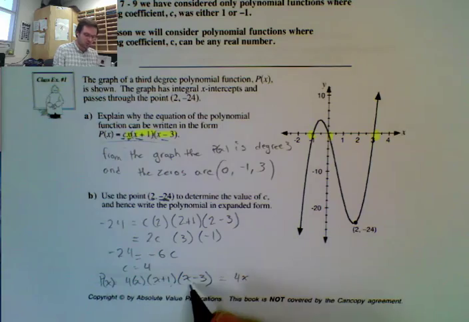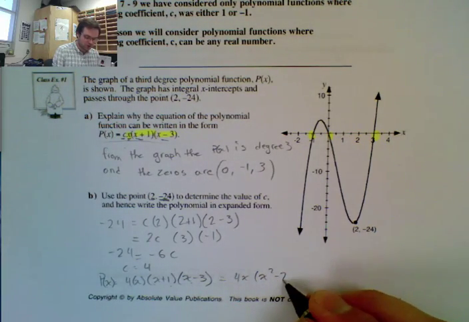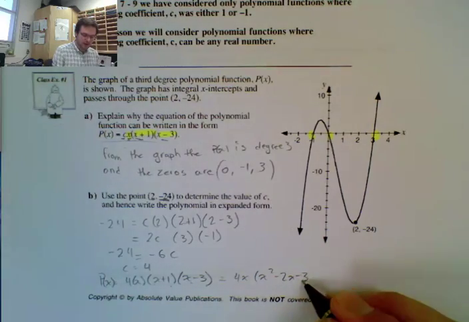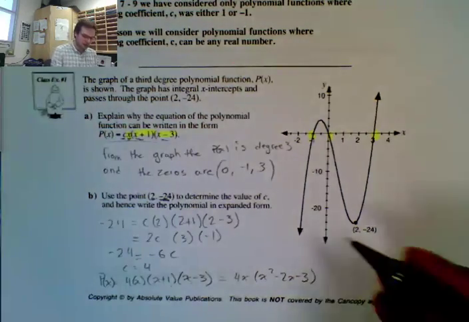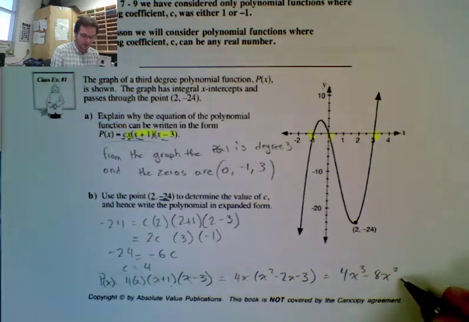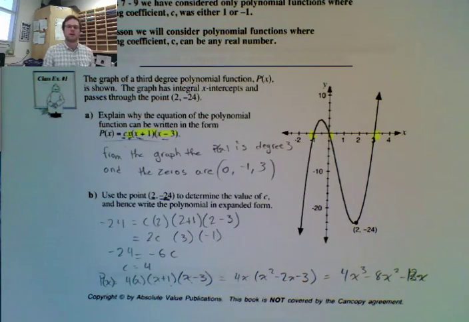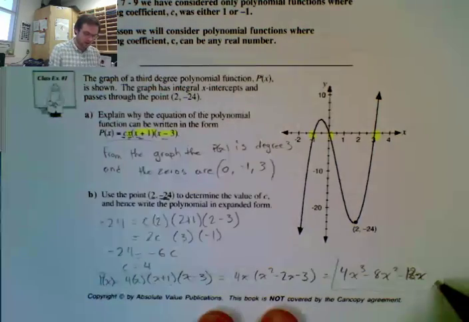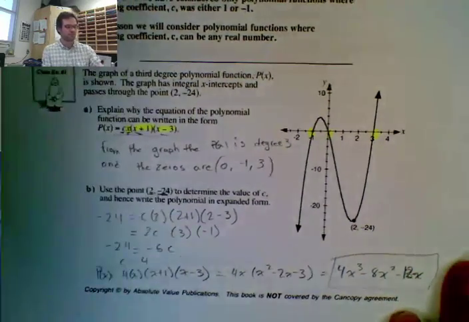Then x plus 1 multiplied by x minus 3 will give me x squared minus 2x minus 3. And then we multiply the 4x into each term, which will give me 4x cubed minus 8x squared minus 12x. Okay? And that is my final solution of what p of x is in expanded form.